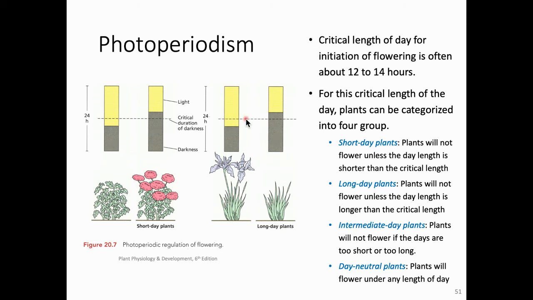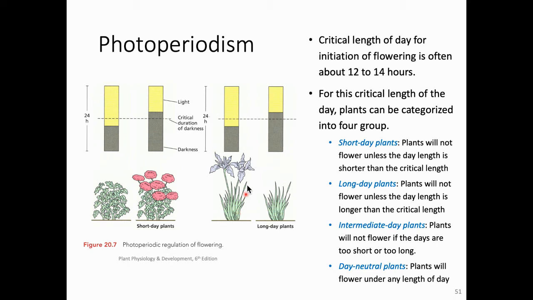Here I'd like to bring your attention that actually the short day plants do not respond to the length of the day, but actually respond to the length of the darkness. So the short day plants, whenever they receive a longer night, they will flower.